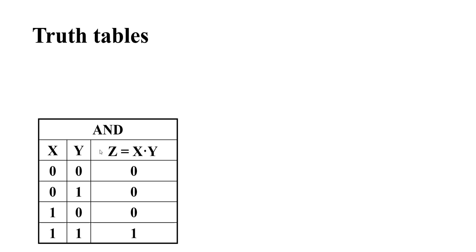So in reading this, if I say Z is equal to X and Y, there is a dot. That dot means AND. So 0 and 0, you'll get 0. 1 and 0, you'll get 0. 0 and 1, you'll get 0. 1 and 1, you'll get 1. And therefore, we have implemented an AND gate.